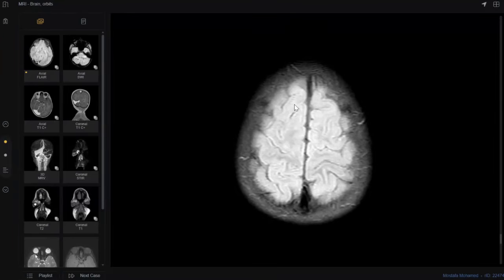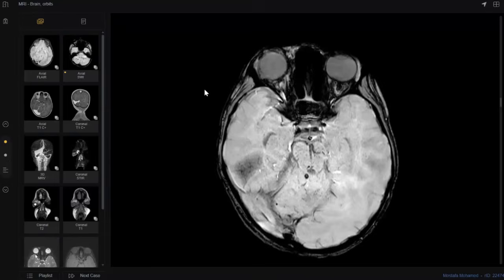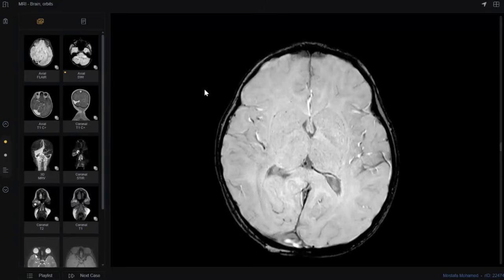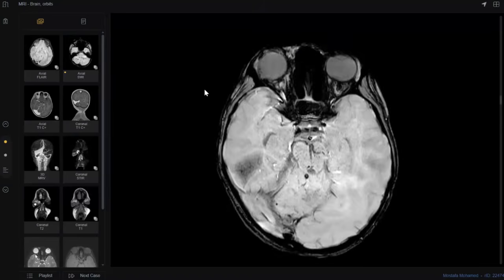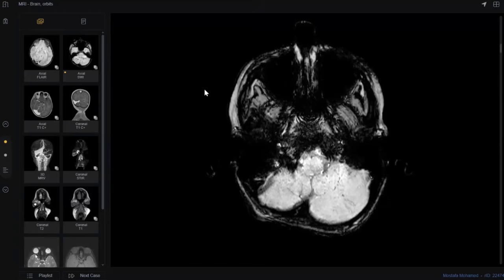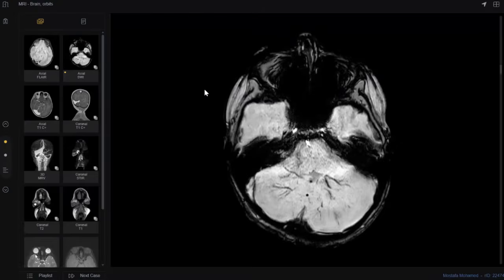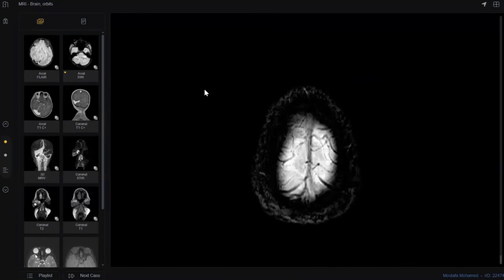Which sequence do you want? I would like to see SWI. I want to look for any bleed in the cisternal spaces.